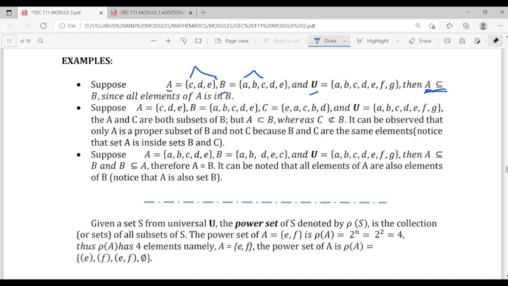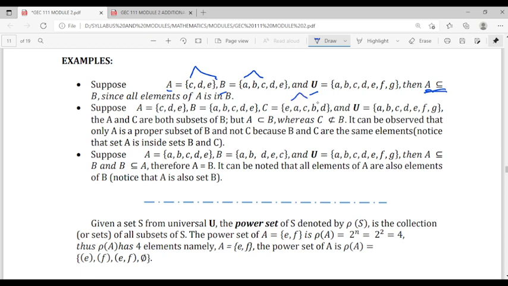It can be observed that only A is a proper subset of B, because all elements of A are in B, and not C, because B and C have the same elements.